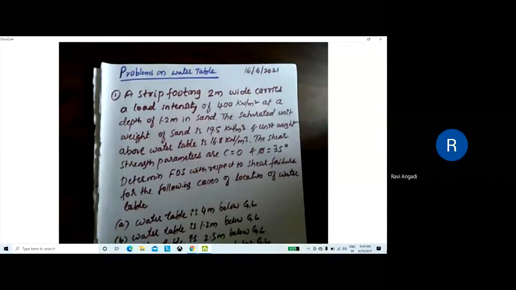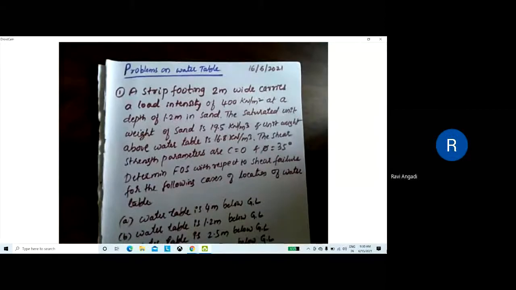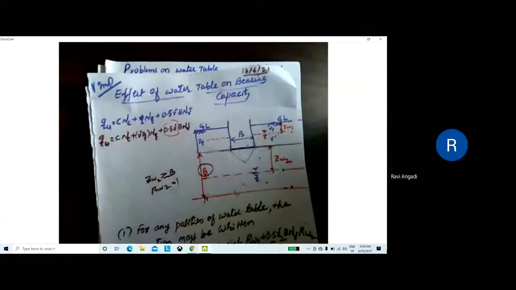These problems are on water table. In the previous class we discussed the effect of water table on bearing capacity, right?